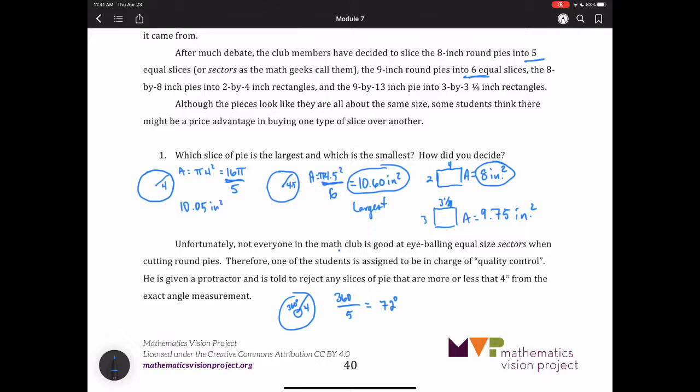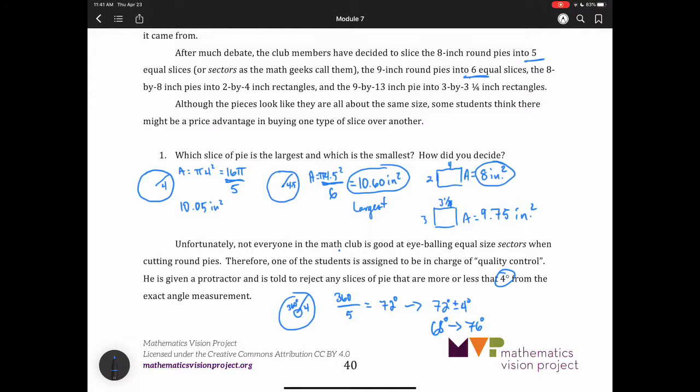Now, this quality controller gets 4 degrees of plus or minus. So every slice of pie needs to be within 72 degrees plus or minus 4 degrees. That gives us a range of 68 degrees to 76 degrees, which, when you think about it, is a pretty big range, right?